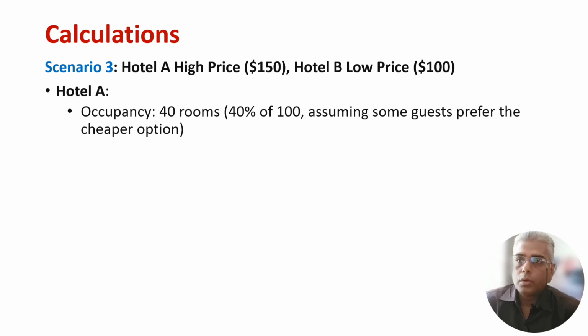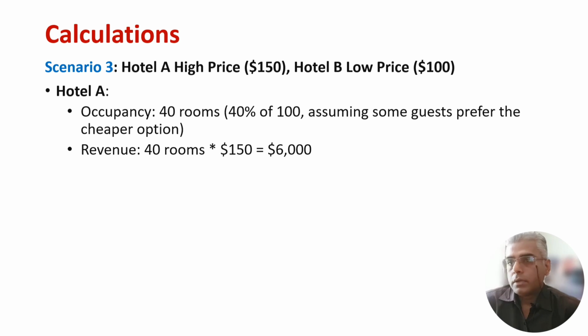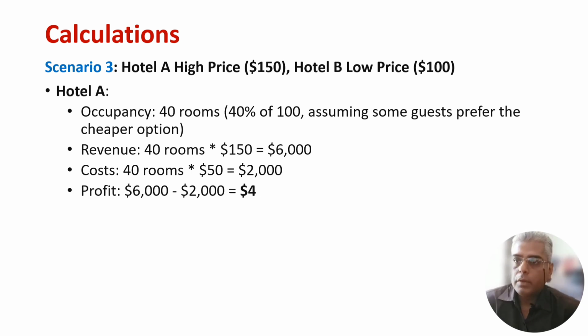They'll go to hotel B, not hotel A. In terms of revenue, this hotel would do $6,000 with 40 rooms and $150 pricing. The cost it would incur would be $2,000 at $50 per room, and the profit it will do will be $4,000 in this case. So $150 pricing and $4,000 profit for hotel A.